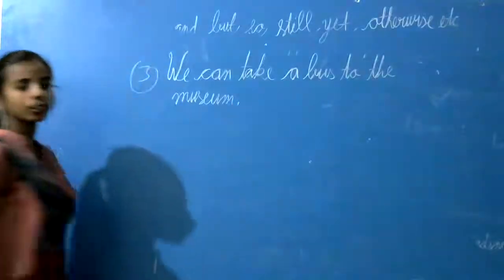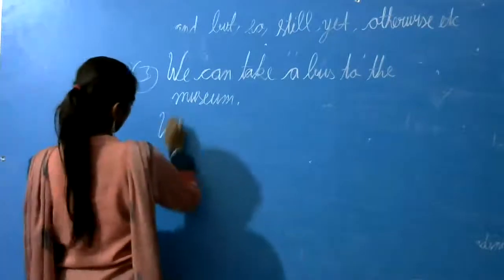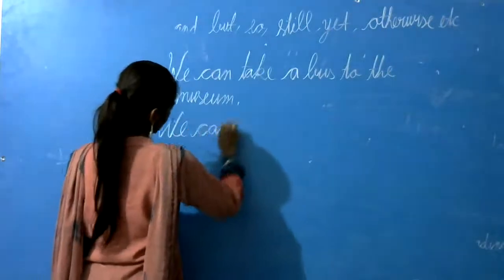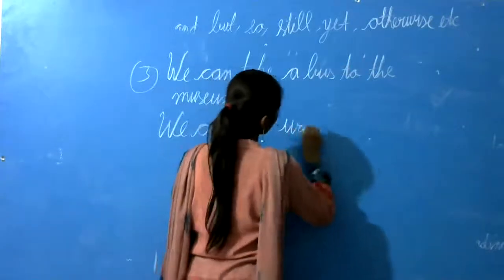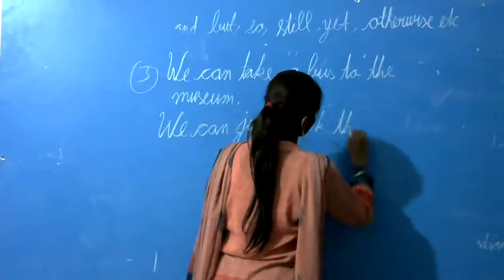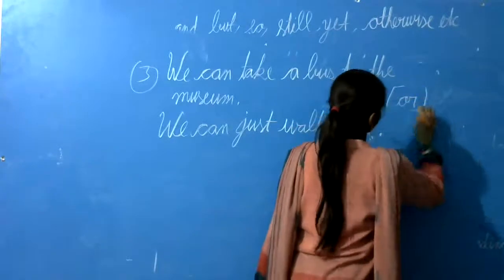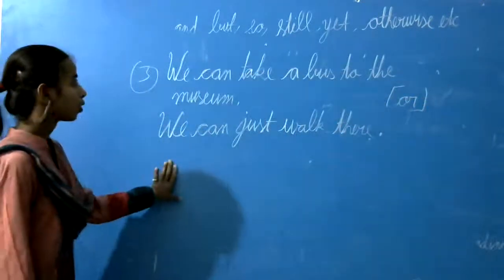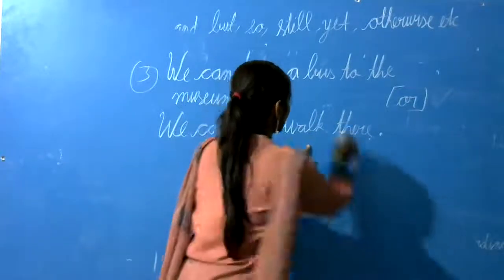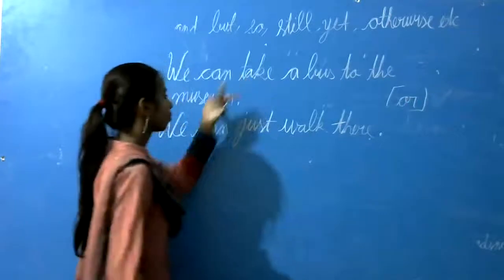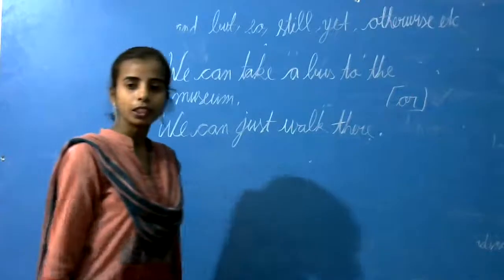This is the third sentence. We can take a bus to the museum and we can just walk there. These are the two sentences. By using or, you have to convert it into a compound sentence. So these are two simple sentences and you have to convert them into a compound sentence. Anyone want to try?